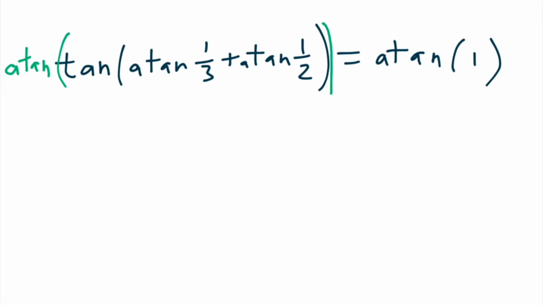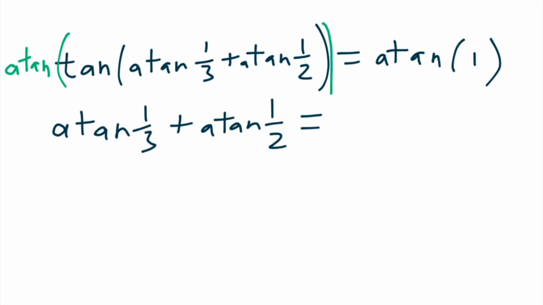This is really great for two reasons. One, the arctangent on the left undoes the tangent, so what you're left with is arctan 1/3 plus arctan 1/2, and that equals arctan of 1. Why were we happy about this? Well, what that's saying is, what angle has an opposite of 1 and an adjacent of 1?